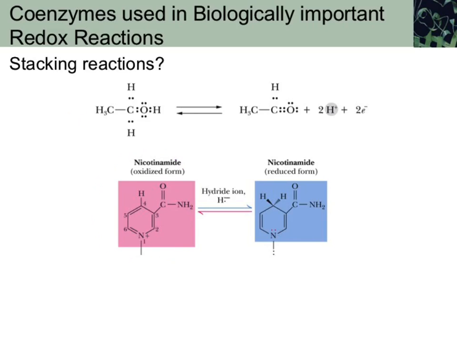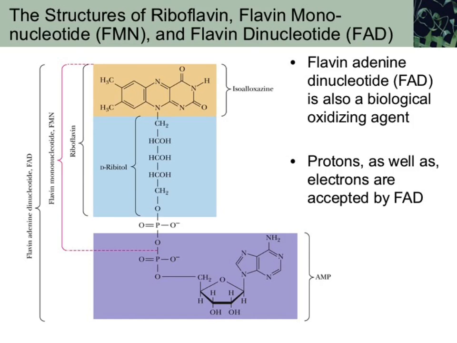Okay. What does that one look like? Even bigger, even more obnoxious, right? It's known as FAD, for flavin adenine dinucleotide, which is sweet. So we have the flavin. We have our adenine at the bottom again.